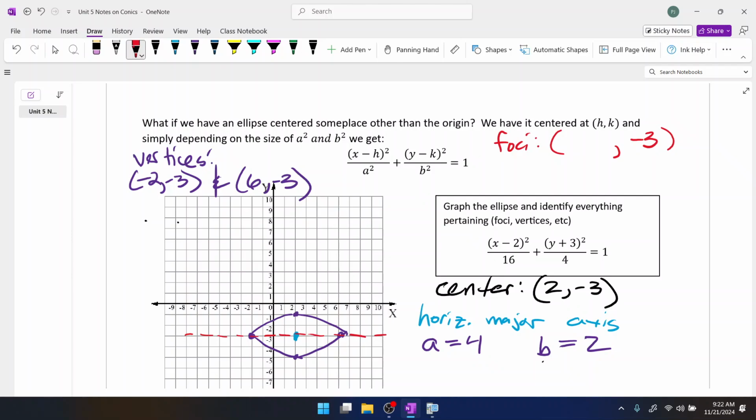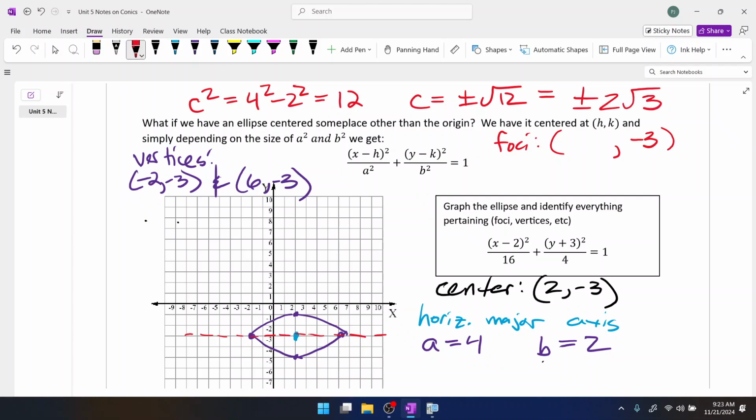So we need to figure out the c value, but it's not going to be outright plus or minus c here, because we've moved it, and you'll see how this all works. So let's figure out that c value, which is 4 squared minus 2 squared, which is 12. So c will be plus or minus the square root of 12, which is also plus or minus 2 root 3.